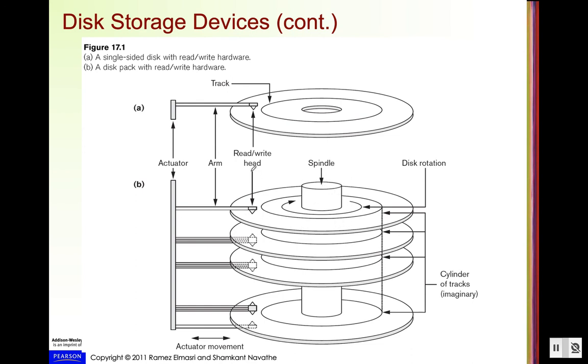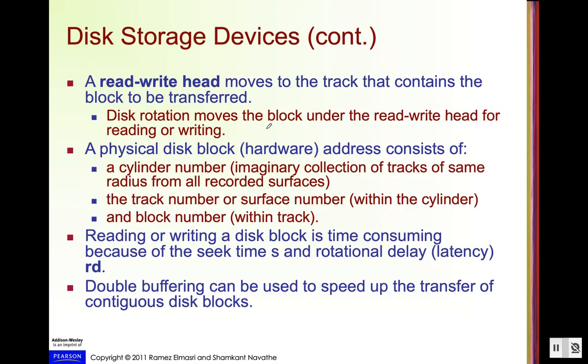Another read write head finds the specific track that contains the block to be transferred. The disk rotation moves the block under the read write head for reading and writing.